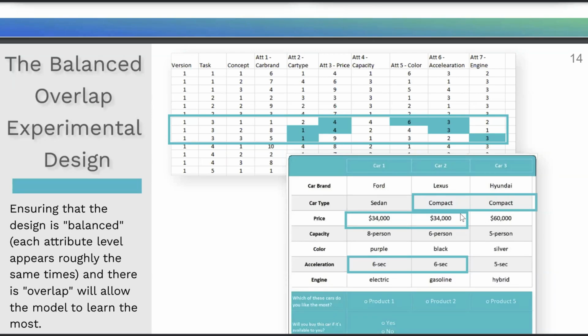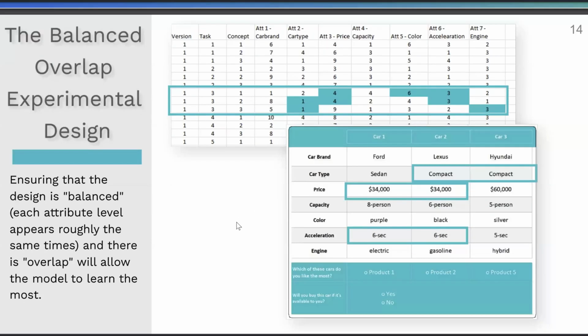Well, if you have an overlap, the model will say, yes, I know you like compact cars, but can you teach the model something else? What else do you like? So it shows compact twice, and this person will be like, okay, I got my compact cars, now I'm going to choose Hyundai because I like Hyundai. So the model will then learn what else you like beyond the compact car. So that's the overlap part.